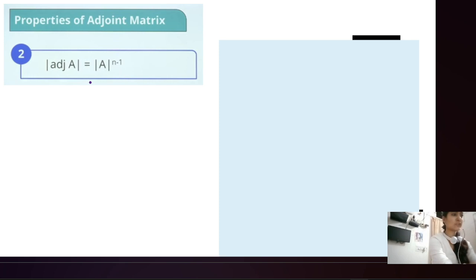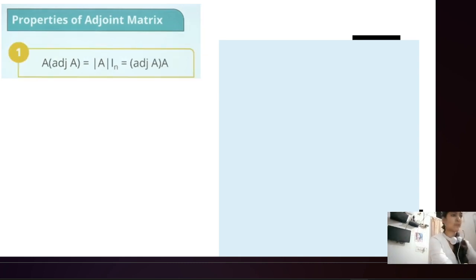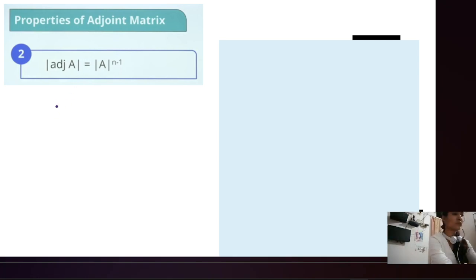Okay, this we need to prove, right? So how can we prove this? We can use property 1, this one. Here, A adjoint of A is equal to determinant of A times I, right?